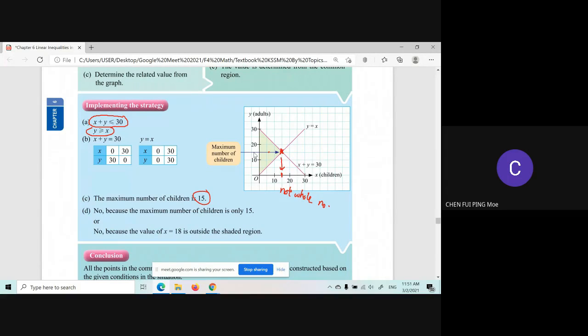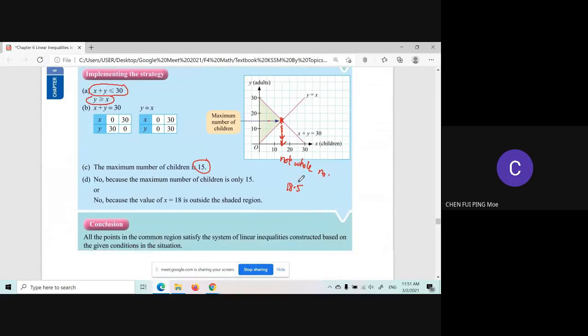Let's say when I read this point, it is 18.5. So what is the answer that I should provide? If the answer at this point is 18.5, can I say maximum is 18.5? No. Then what is your answer? 18. 18, yes. Can you say 19? No, because 19 is outside the region, correct.